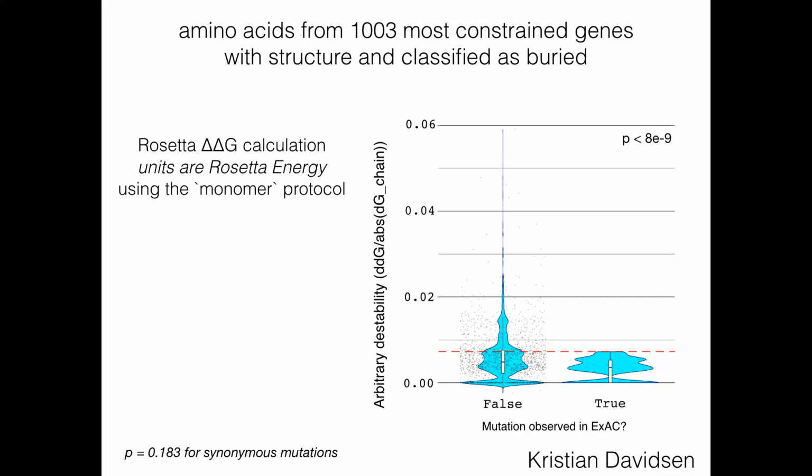We used the monomer protocol of Rosetta, which will mutate a single chain. We did this for the amino acids that are in the core of the protein, so that are 100% buried. They don't have any surface contribution.